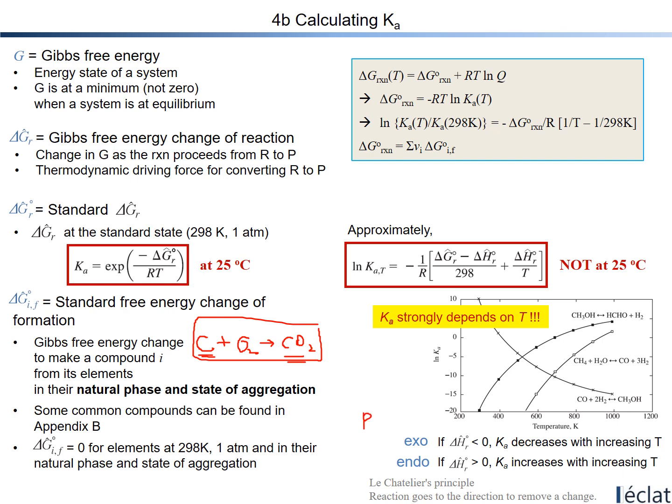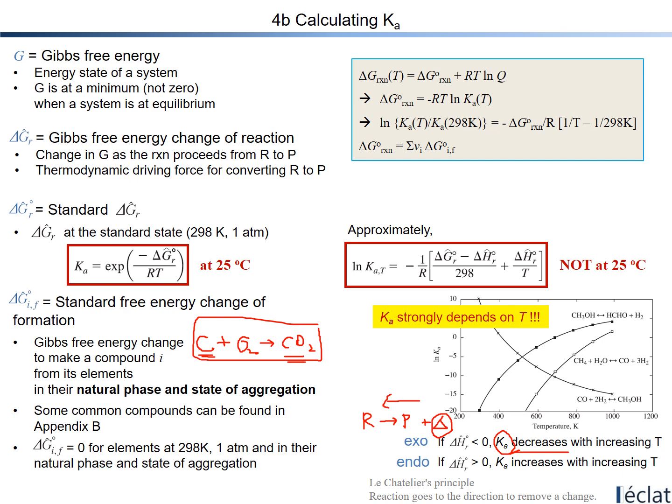Some reactant is going to the product, and this is exothermic, so you have some energy there, right? As you increase the temperature, the reaction goes backward in the direction to remove the heat, because you are heating the system. So the backward reaction is favored for the exothermic reaction when you increase the temperature, so Ka decreases.